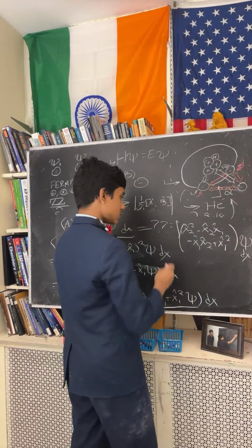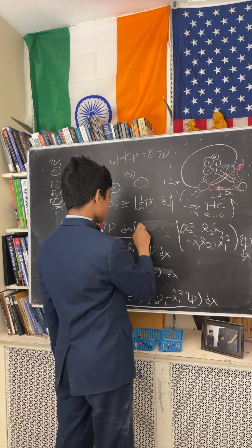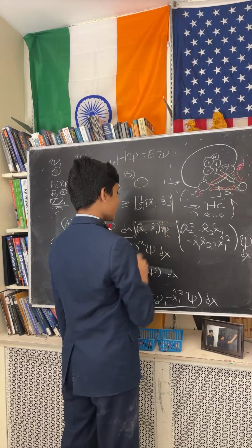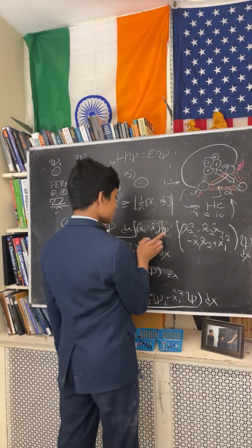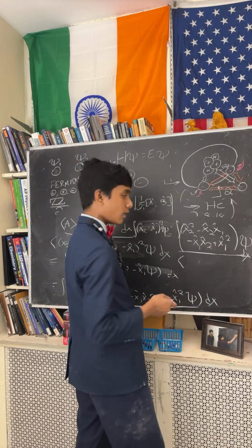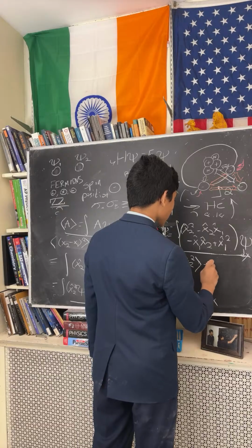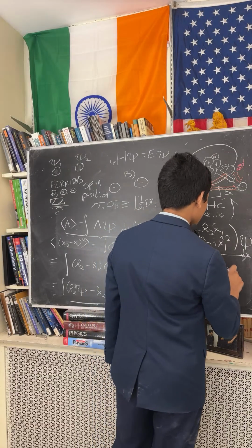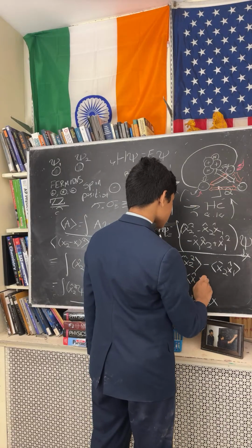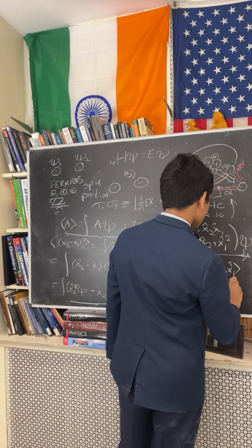And of course, this is equal to the integral of x2 minus x1 squared psi, which means that, naturally, this is the expected value of, since the expected value operator is linear, we can separate these out and say x2 squared minus x2 x1 minus x1 x2 plus x1 squared.